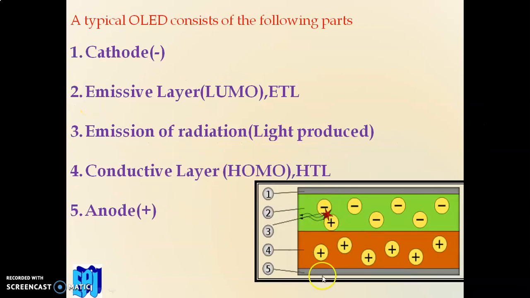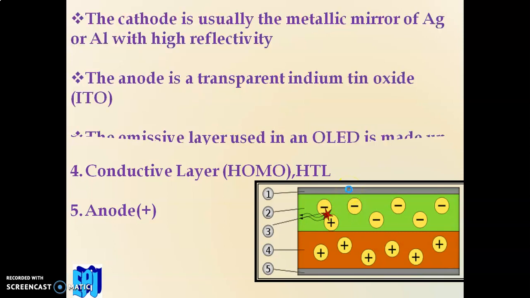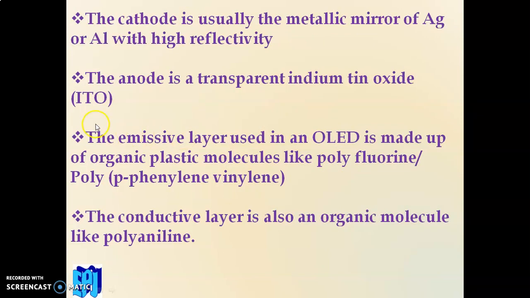The emissive layer, also known as the electron transport layer, is made up of organic molecules such as polyfluorene and polyparaphenylene vinylene. The conductive layer is made up of an organic molecule like polyaniline.